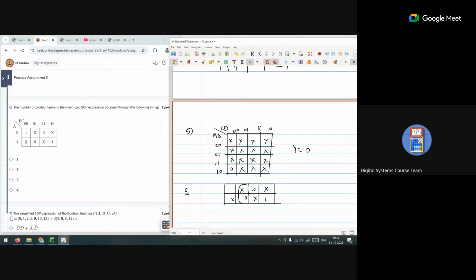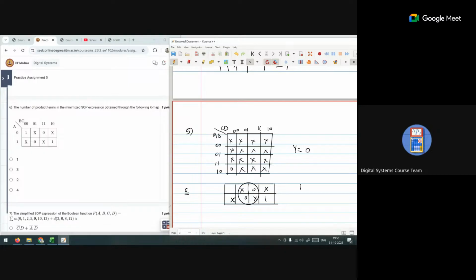So one group size is this one. One I can create this one and one I can create this. No need of these two, because we have to consider the, okay, they are asking the SOP, sorry, not POS.